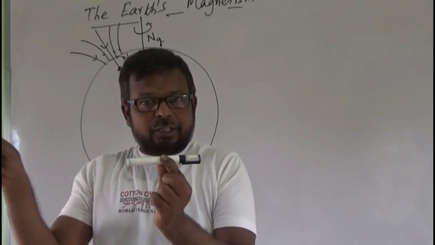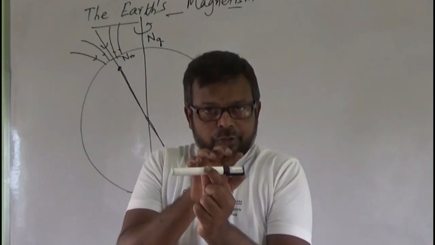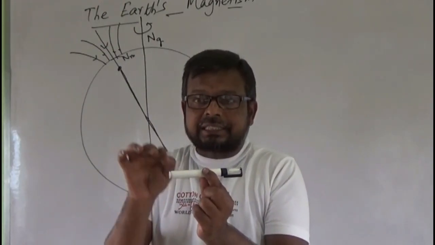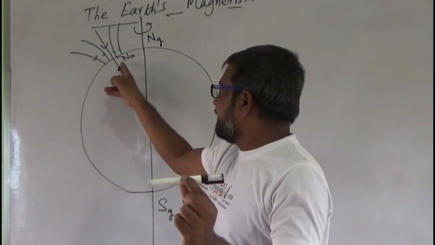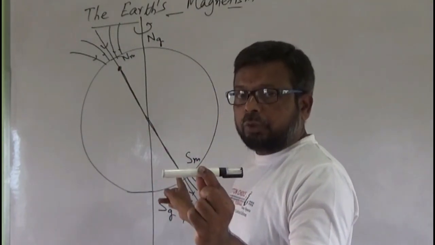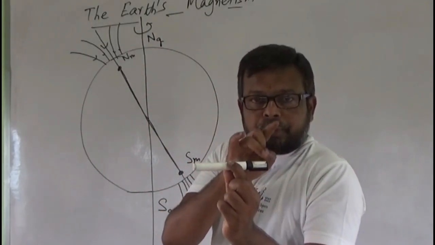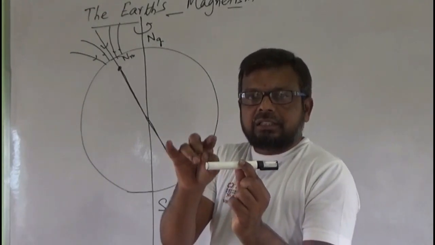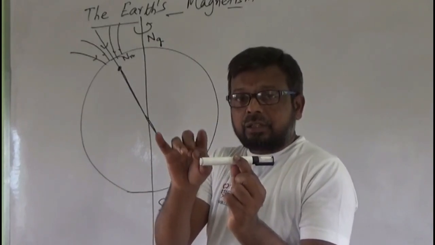It gives the direction of south side. It gives the direction of north side. North pole is the north seeking pole and south pole is the south seeking pole. That means if we write this as north pole and this is south pole, then according to this convention, the north pole of a bar magnet is not the north pole, it is the south pole, and the south pole of a bar magnet is not the south pole, it is the north pole.